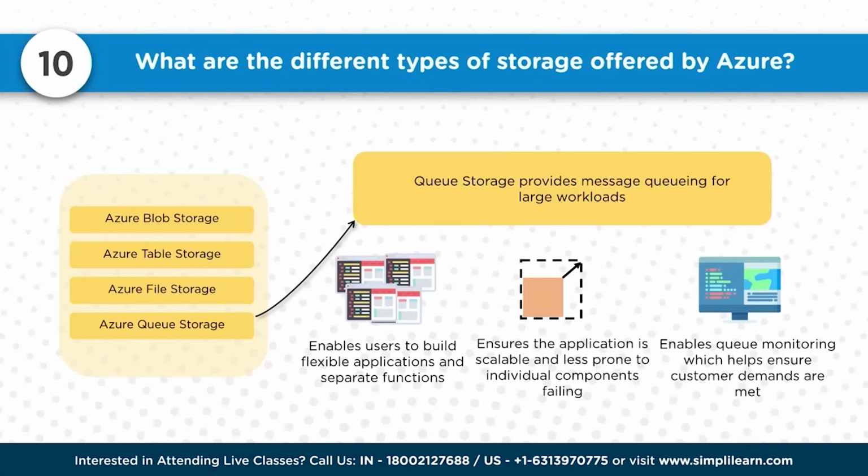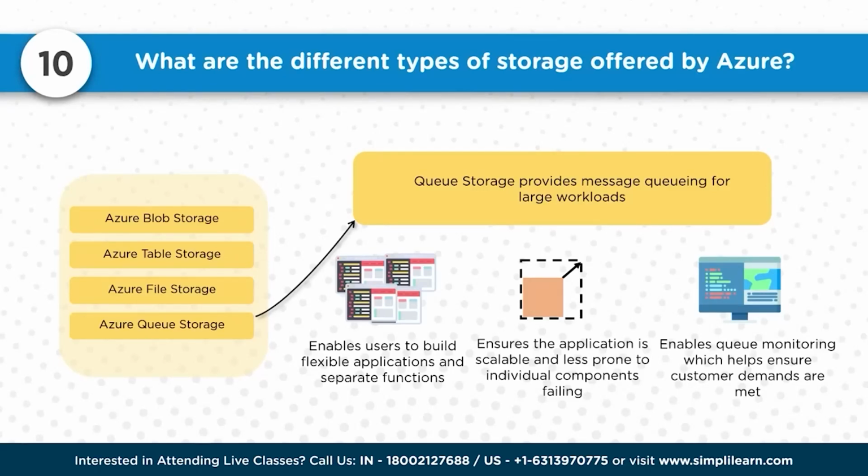In here, a single message can be up to 64 kilobytes in size, and in a queue we can have millions of messages, and the limit can actually go up if we have not reached the limit of the storage account. So it's millions and millions of requests that can be stored in the queue storage.